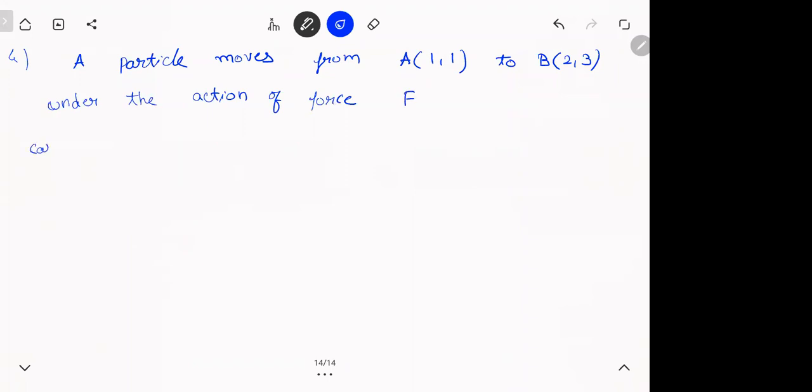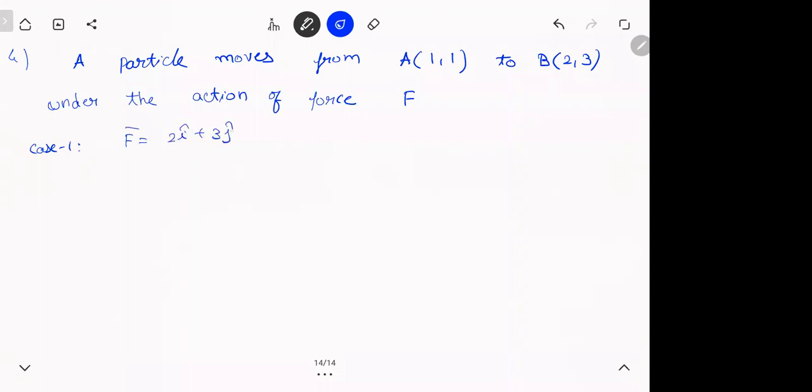The particle moves from A, which is (1, 1), to B, (2, 3), under the action of force F. Case 1, force is 2i plus 3j.